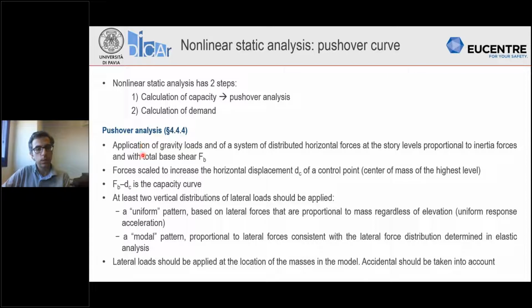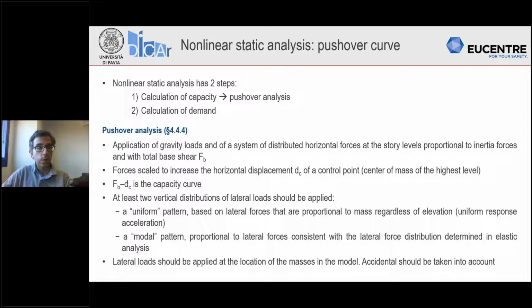Pushover analysis consists in applying gravity loads and a system of distributed horizontal forces at the story levels, which are proportional to the inertial forces and have a resultant force equal to the base shear Fb. Forces are scaled to increase the horizontal displacement of a control node DC, which is usually located at the highest level. The curve Fb versus DC is the so-called capacity curve.